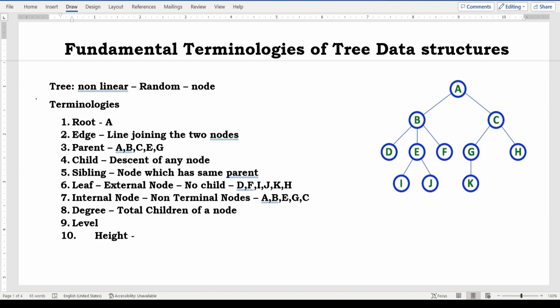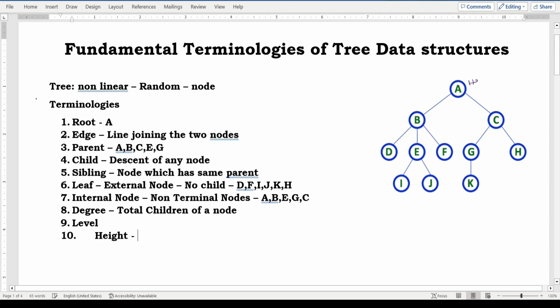Repeating once again, the total number of edges from the leaf node to a particular node in the longest path is the height of the node. For example, the height of A is 3. In short, I can say the height of B is 2.